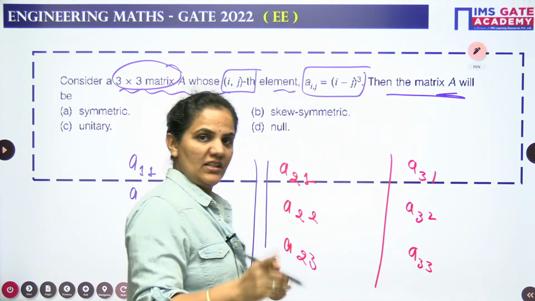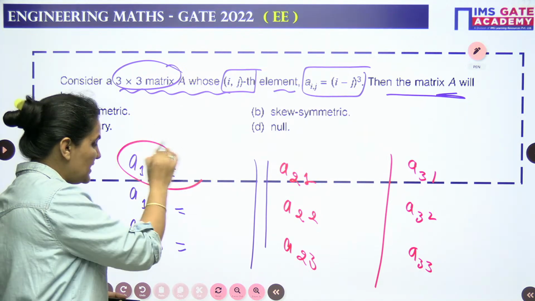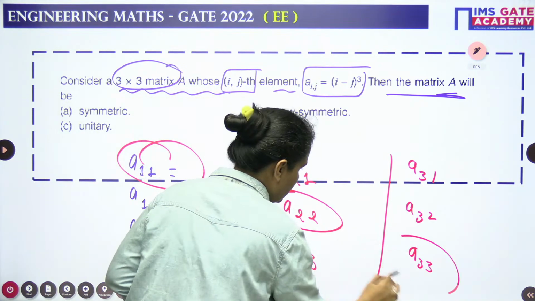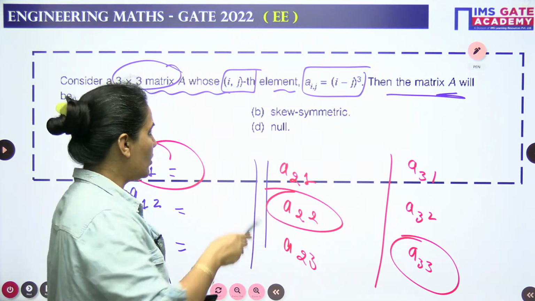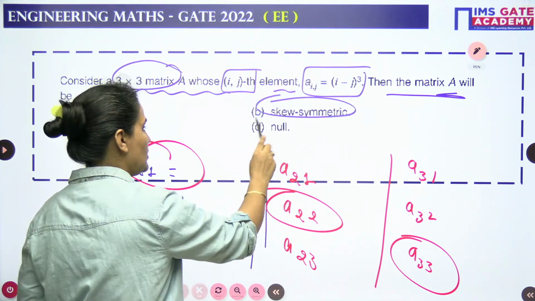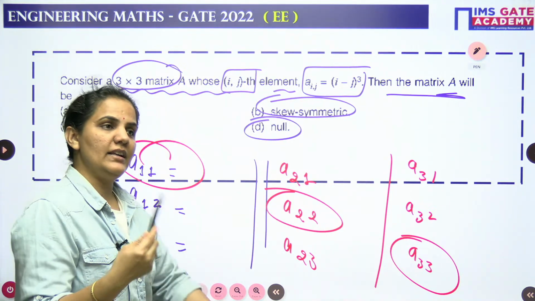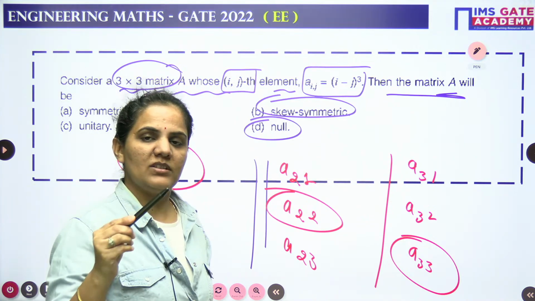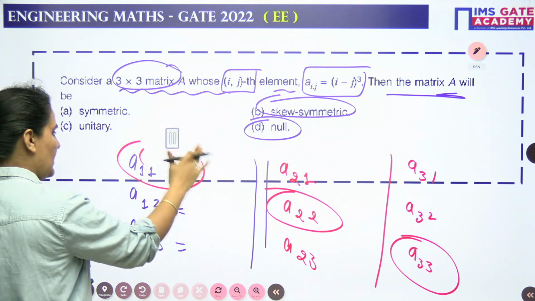But I will suggest you to first go with the principal diagonal elements A11, A22 and A33. Why? Because in the options we have skew symmetric and also null. So if these are 0, the matrix can be skew symmetric, or the matrix can be null. So for that, suppose I want to find A11.